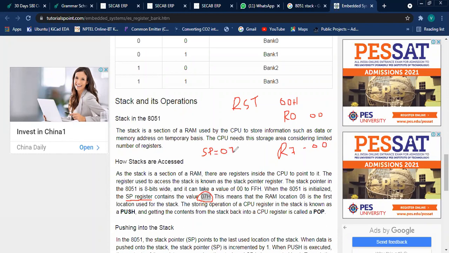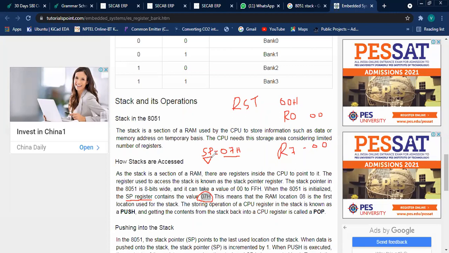By default, the initial value of the stack pointer is always 07H. So through this stack pointer, I can access the stack memory.